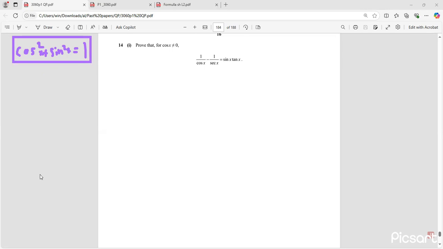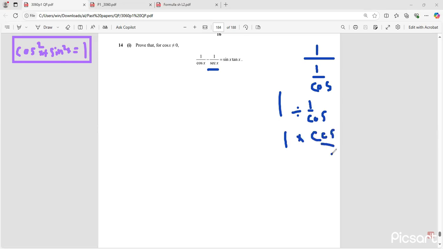Okay, so now for this, let's take this part, 1 over secant, that is 1 over cosine, which we can expand like 1 dividing by 1 over cosine, or we can say it is equal to 1 multiplied by cosine over 1.